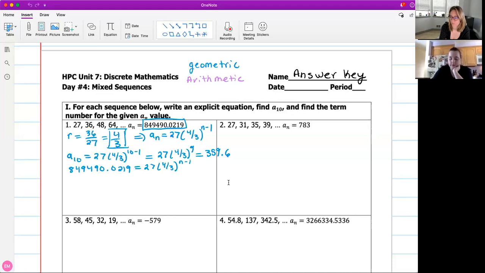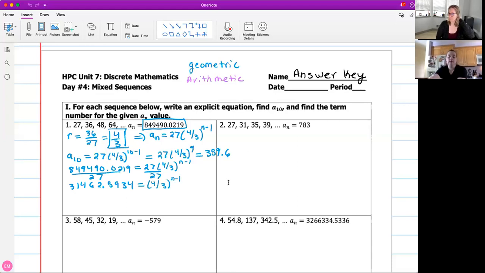The first thing we need to do is divide by 27, and that gives us 31462.593. Big long decimals. And then we still have this exponent over here.